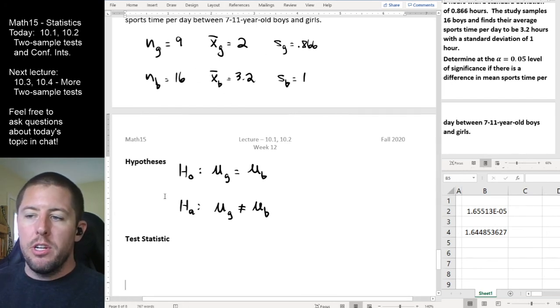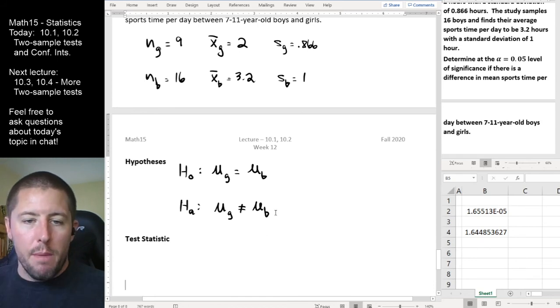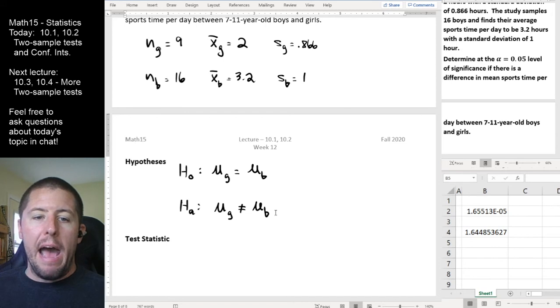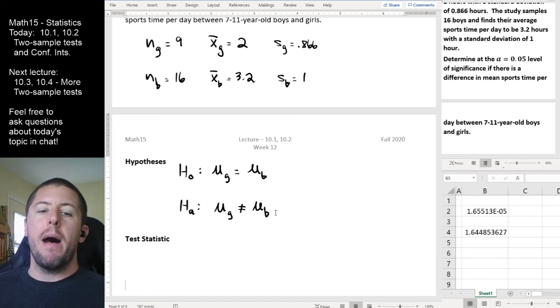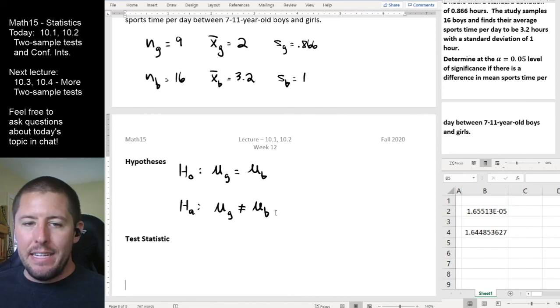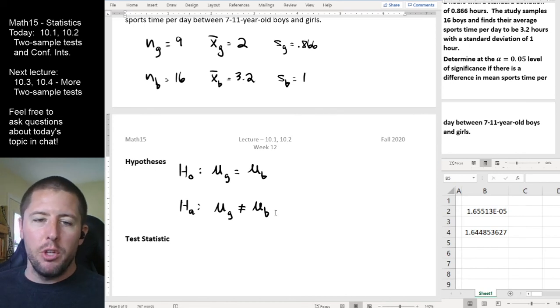So remind yourself that when you're forming your null and alternative hypotheses, it is never appropriate to use any information about the samples that were collected, because in real science, you don't have that information yet. Forming your hypothesis will always be done before any data is collected. So never let your sample information, your sample average, your sample standard deviation, ever influence what you say about your null and alternative hypotheses.